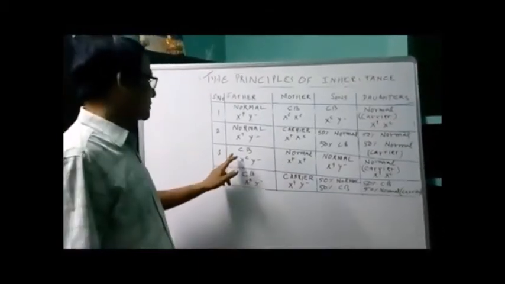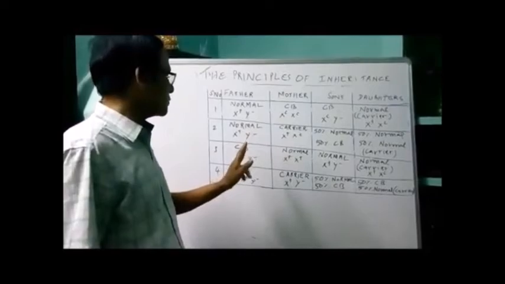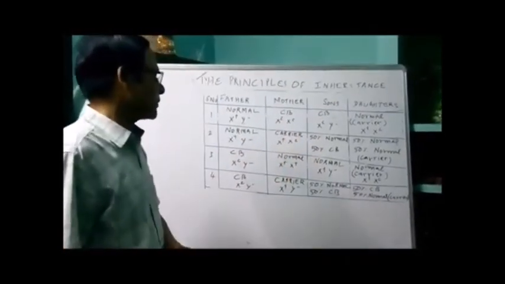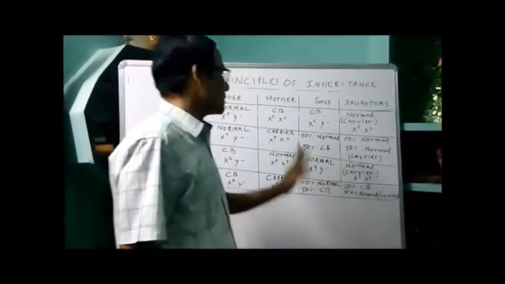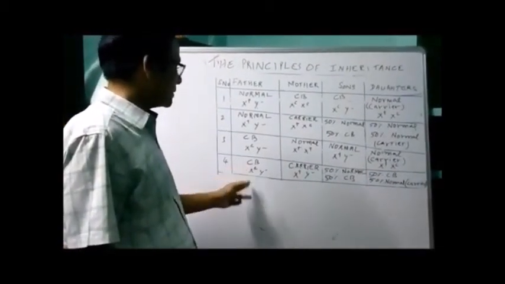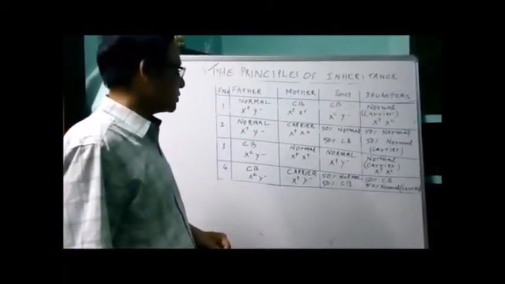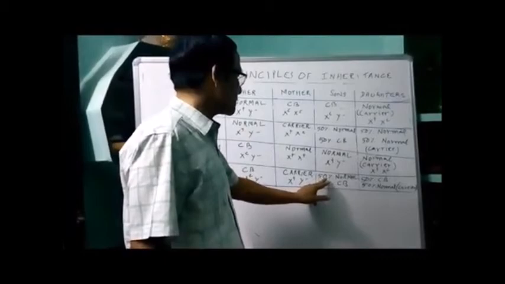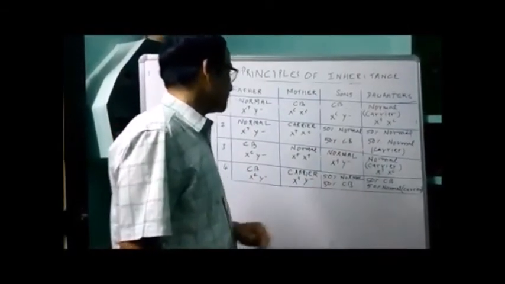The third instance: when the father is colorblind and the mother is normal, definitely the sons will be normal and the daughters normal but carriers. In the fourth one, the father is colorblind and the mother is a carrier. Once the mother is a carrier, as I mentioned already, 50% of the sons will be normal and 50% will be colorblind.